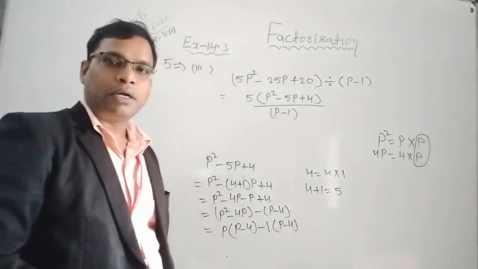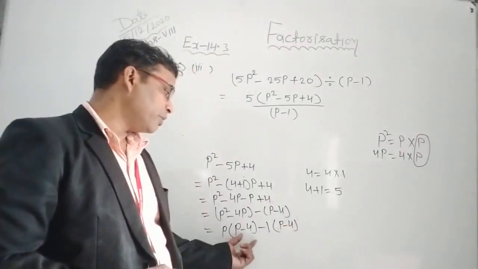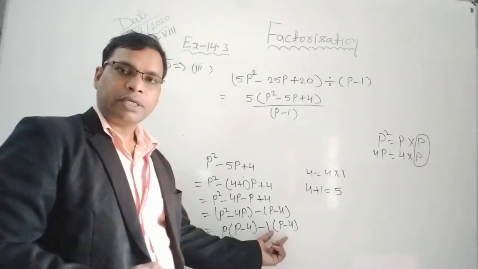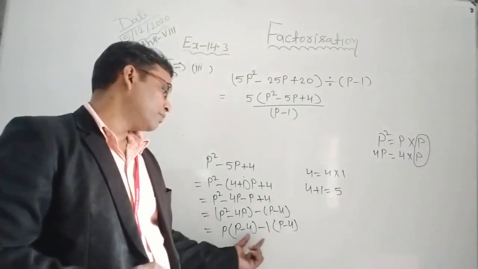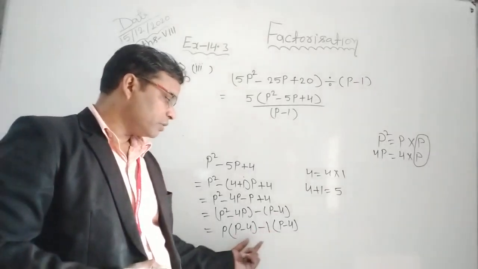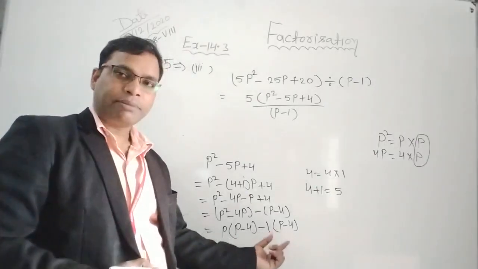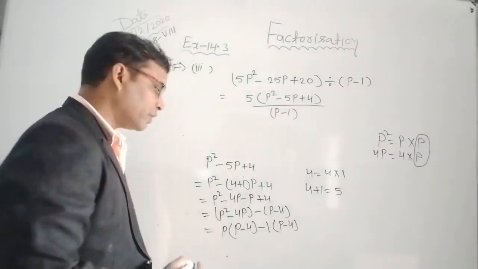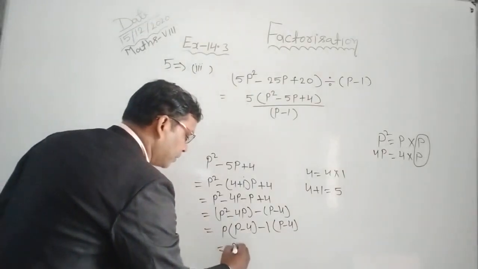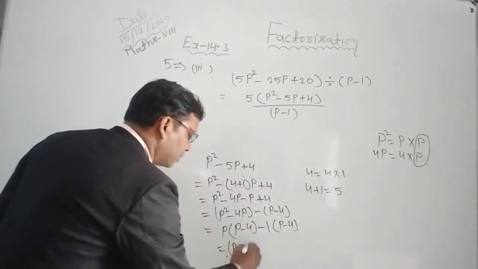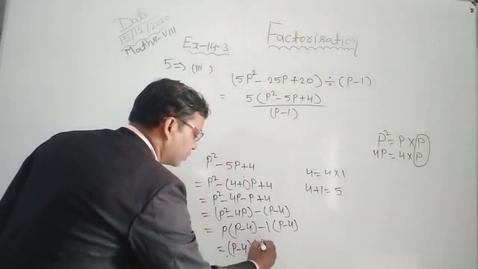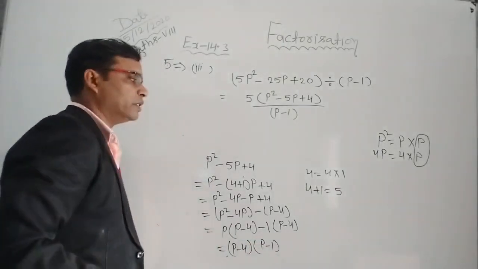Clear? And now here you can see p minus 4, p minus 4. So it means that we can take p minus 4 common between them. This becomes the first term, this becomes the second term. If we take p minus 4 common, then we will get p minus 4 into p minus 1. This is clear?